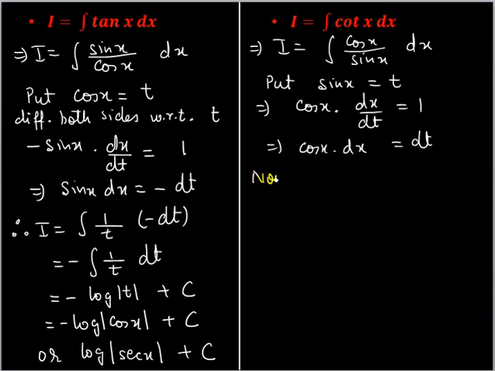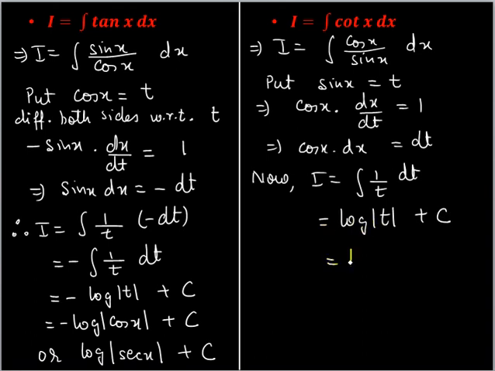Now our integral is 1 over t times dt. And the integral of 1 over t, just now we have seen, is log t. So it will be log t plus constant of integration. Now substitute for t. So the integral of cot x can now be written as log sin x plus constant of integration. So now we know the integral of tan x as well as the integral of cot x.